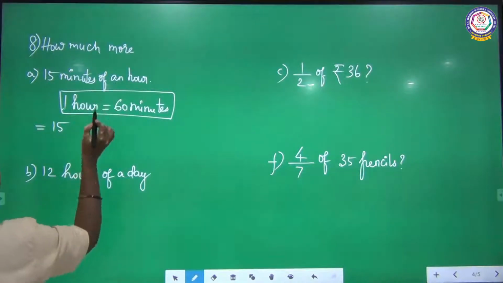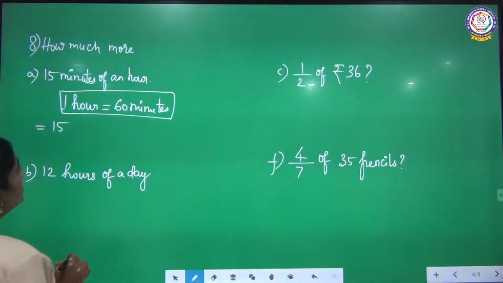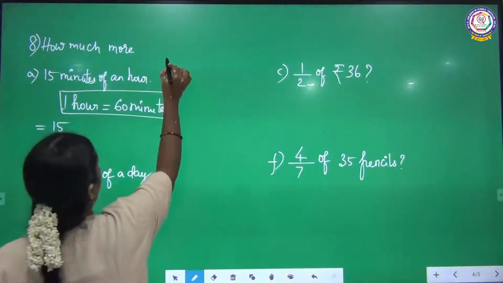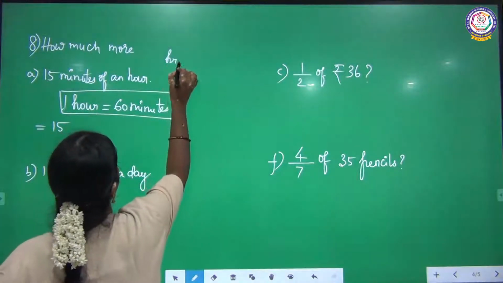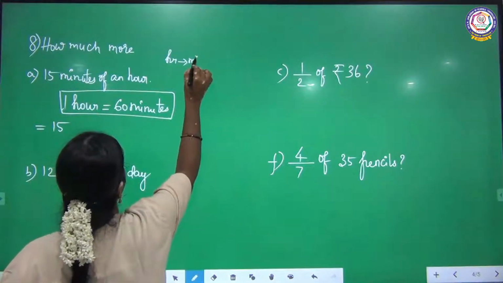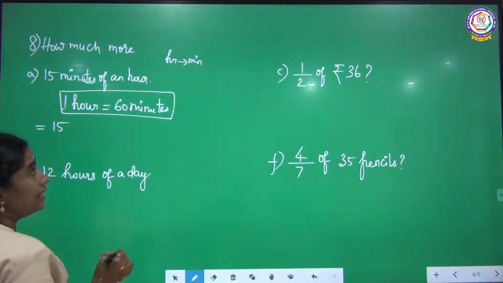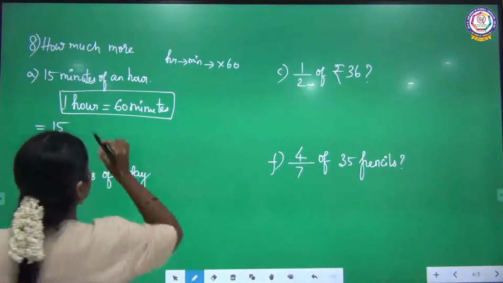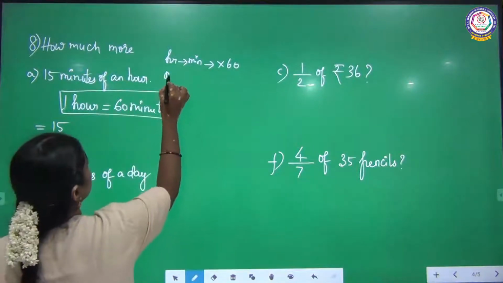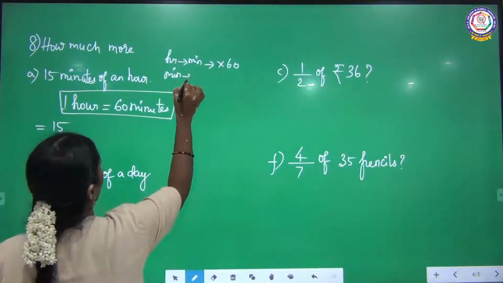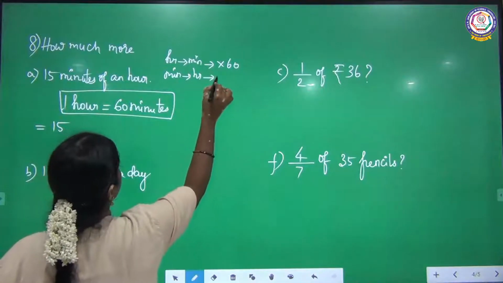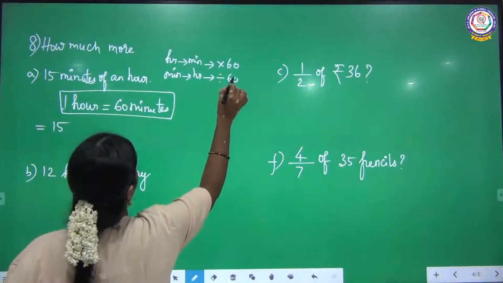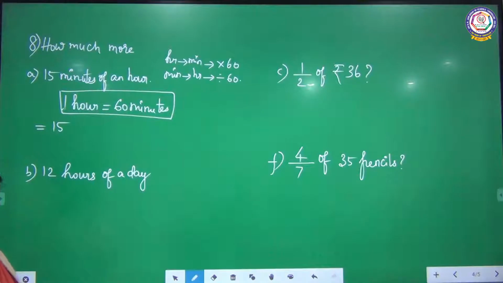See, listen, hour to minute means I am multiplying by 60. See here, minute to hour. I am going to change this. So what I have to do? I am going to divide this by 60.